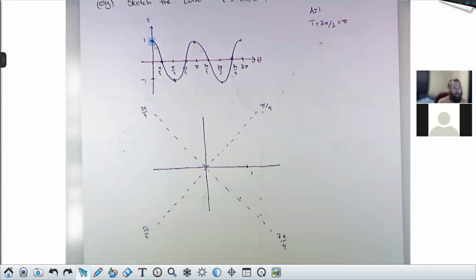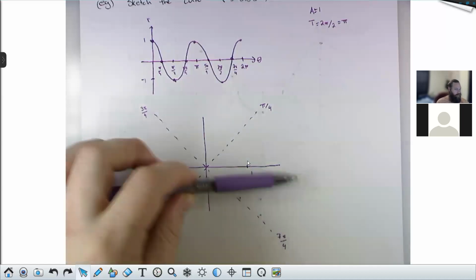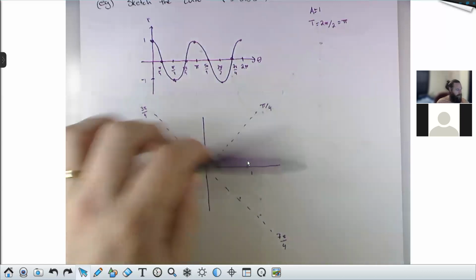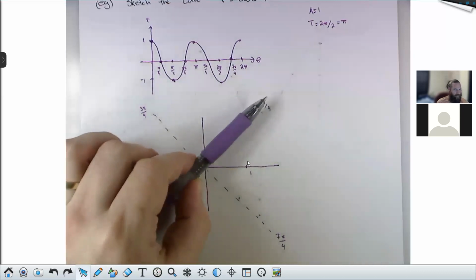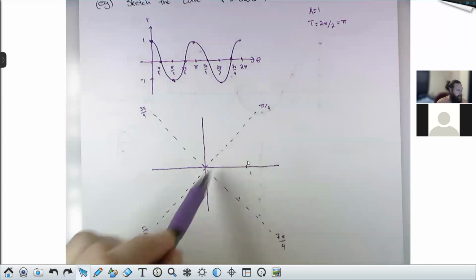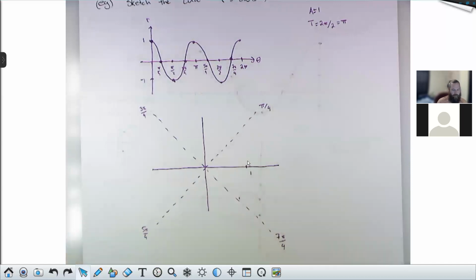Now, this point, theta is 0, r is 1, is going to come to this point. Over this portion of the graph, from theta equals 0 to pi over 4, r is retreating towards the origin, so by the time my arm rotates up to here, as we go from here to here, my point needs to come in to the origin to have r equals 0 when theta is pi over 4.